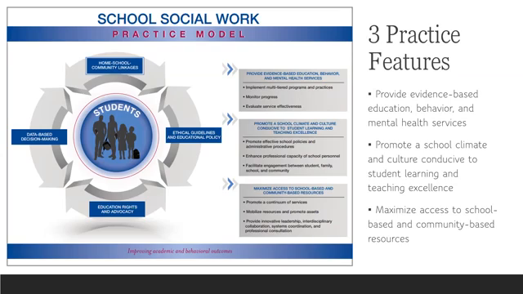So when I say the 1 to 250 school social worker to student ratio, really what I'm saying is one full-time, 40 hours a week school social worker to 250 general education students, right?